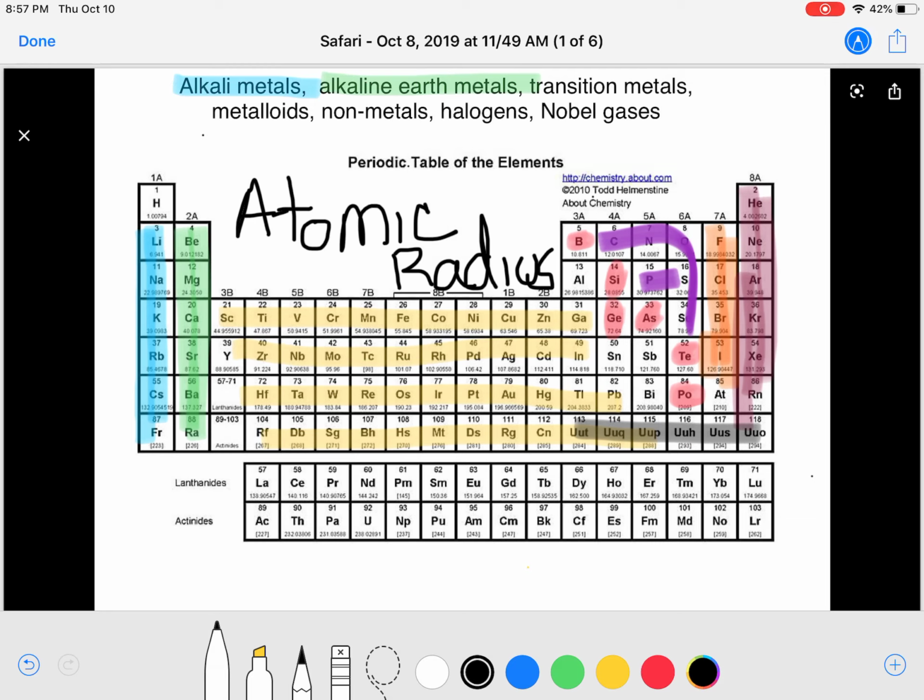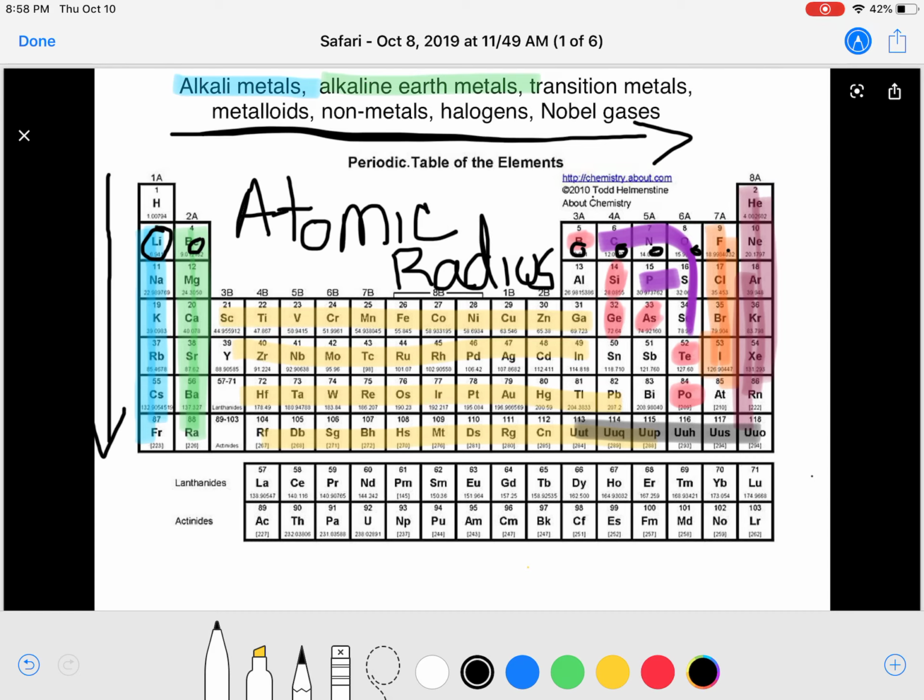So we talked about the alkali metals and how as you go across a period, the alkali metals are the largest one. So something like lithium would have a bigger atomic radius than beryllium, than boron, than carbon, nitrogen, oxygen, until you get all the way down to fluorine, which is just a teeny tiny dot. Atomic radius also increases as you go down the row.